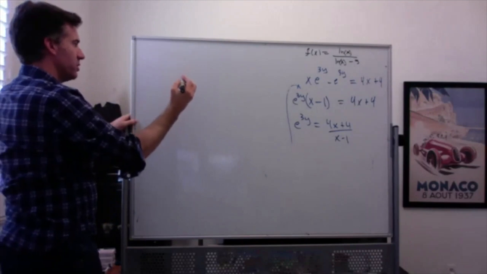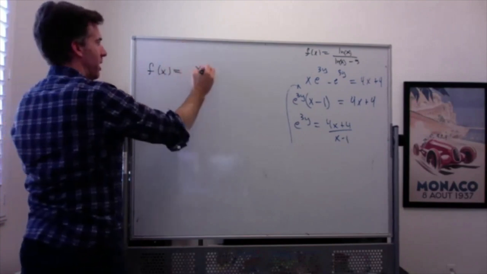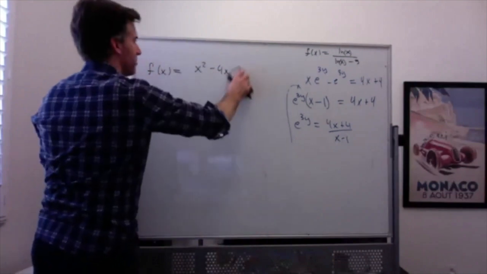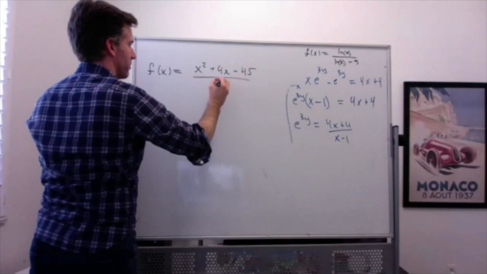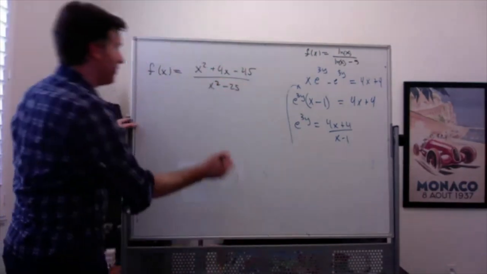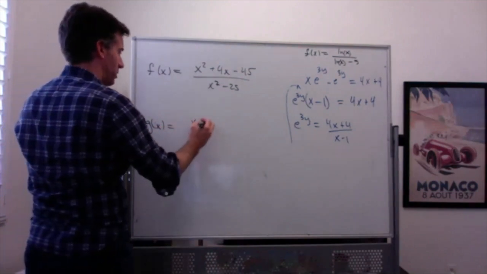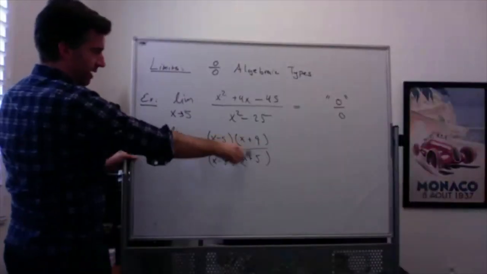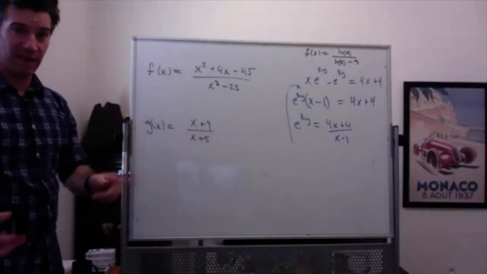So this function, f of x, equal to the thing we were just talking about on the other side, x squared minus 4x minus 45 over x squared minus 25, and this function, g of x equal to x plus 9 over x plus 5, just taking the way we factor this and actually canceling those. These functions are the same except at one place.